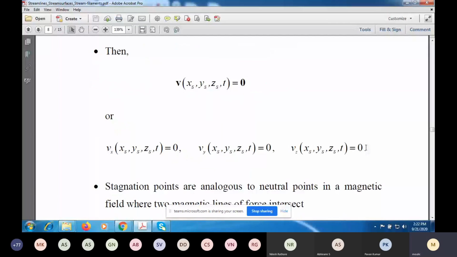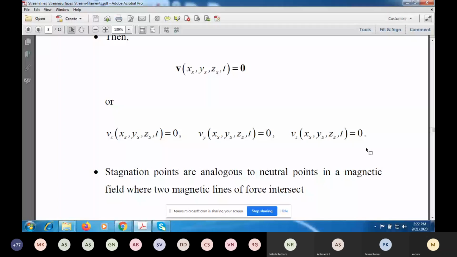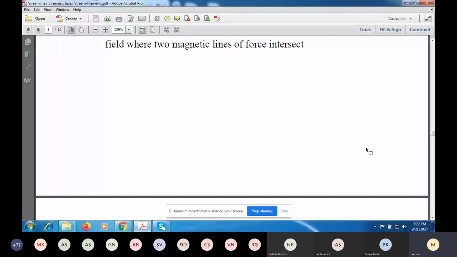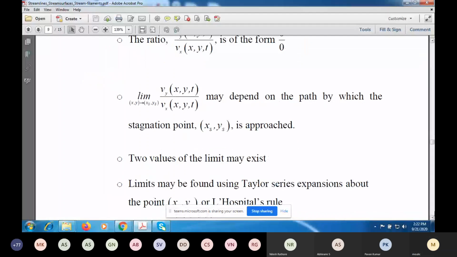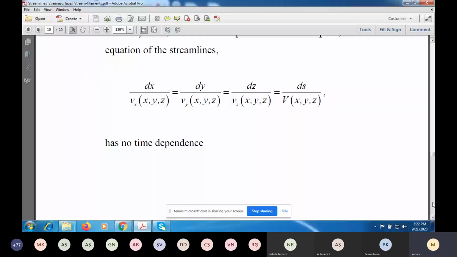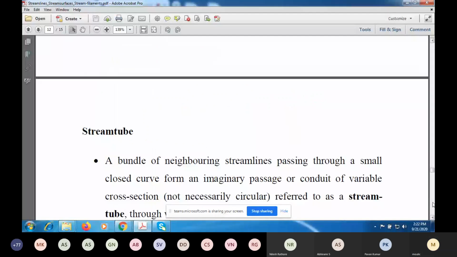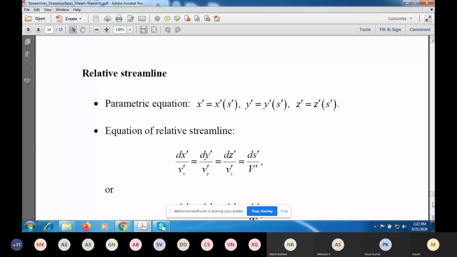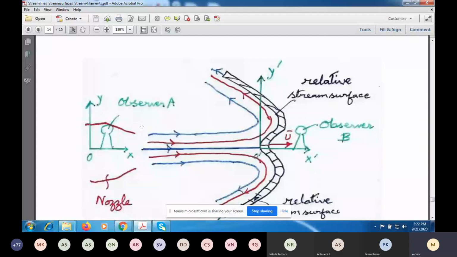Now let us look at what we may call a relative streamline. So our goal is to solve the belt and turbine problem.